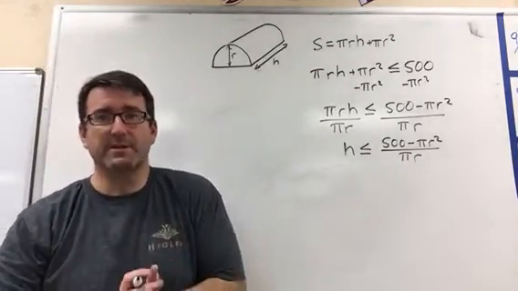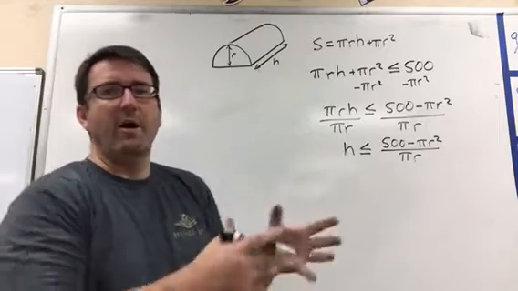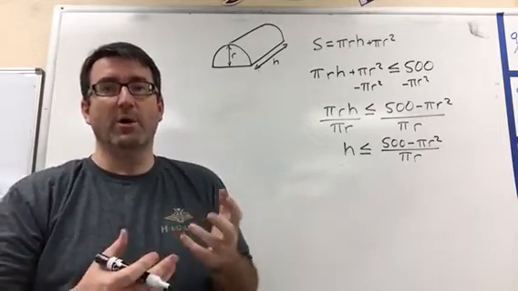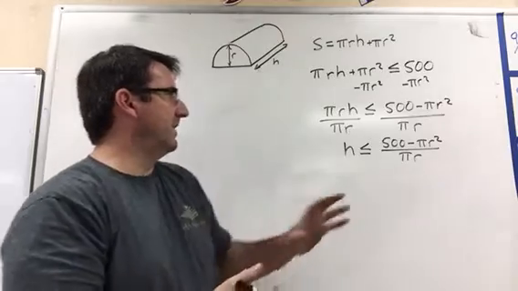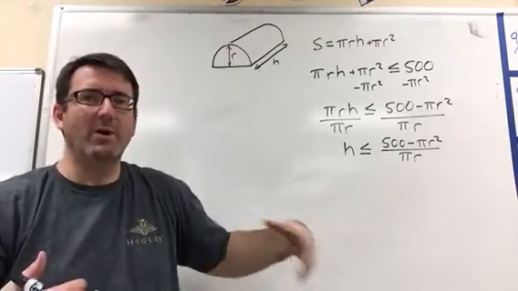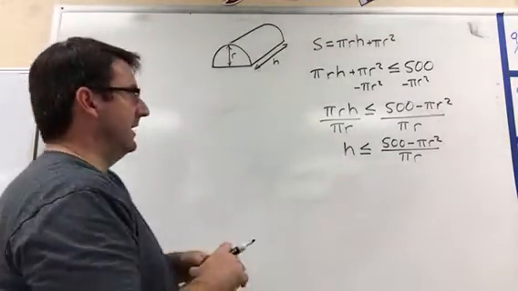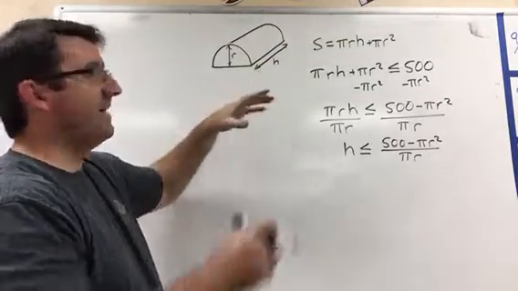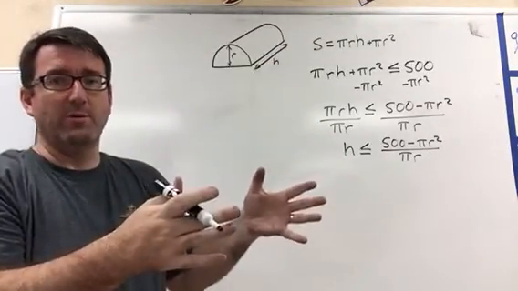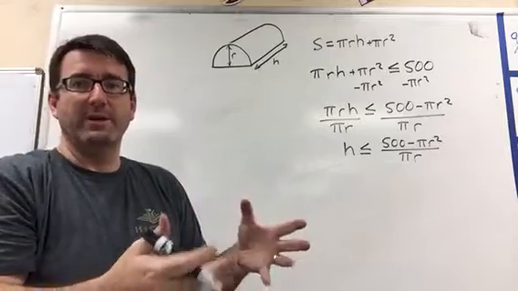The second part of this is to figure out all the possible values for r. So I want to take a step back and just think about what this actually means. We've got 500 square feet of material to work with. There's a few different ways that we could configure this.